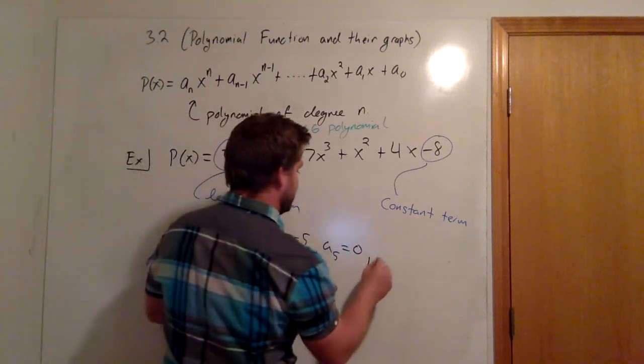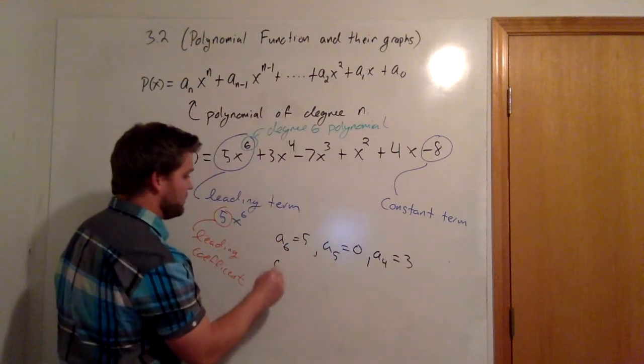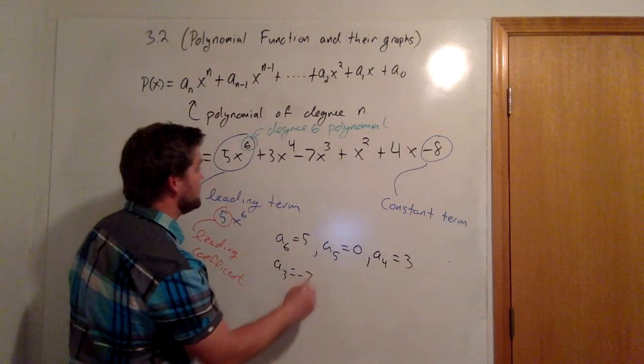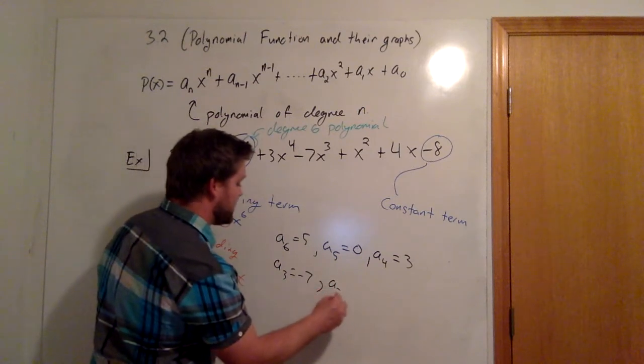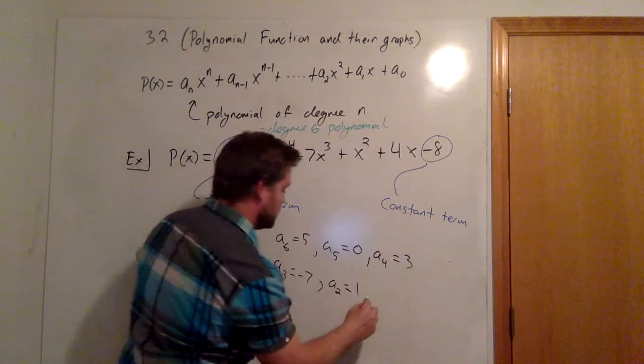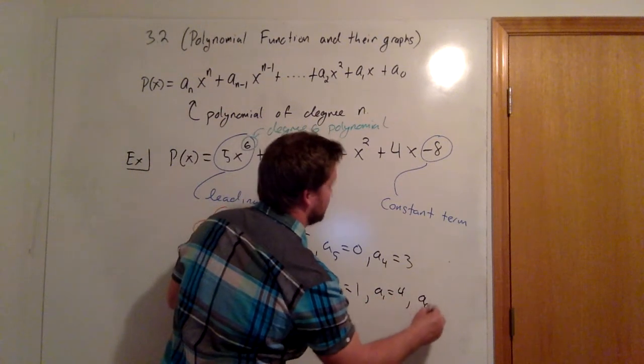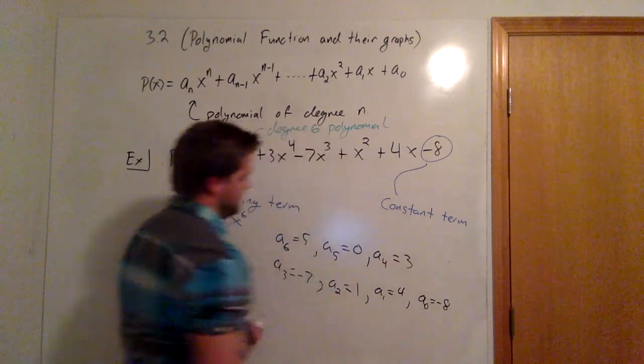We would have a sub 4 would be 3. We'd have a sub 3 would be negative 7. We'd have a sub 2, the coefficient in front of x squared, would be 1. We'd have a sub 1 would be 4, and a sub 0 would be negative 8.